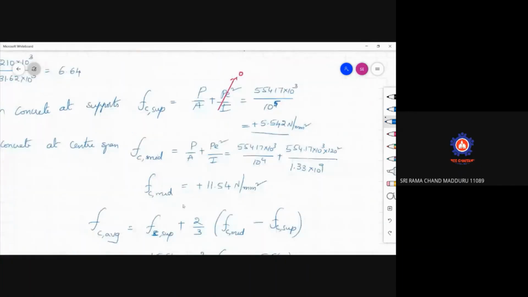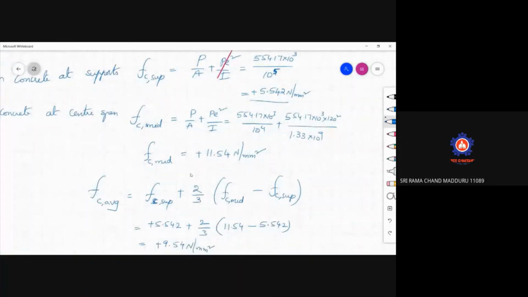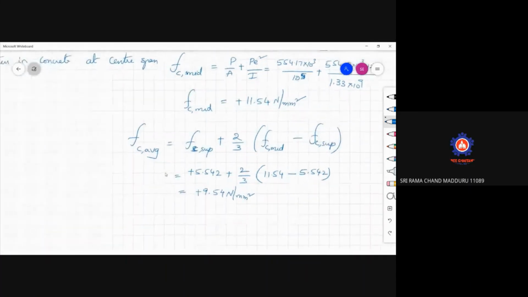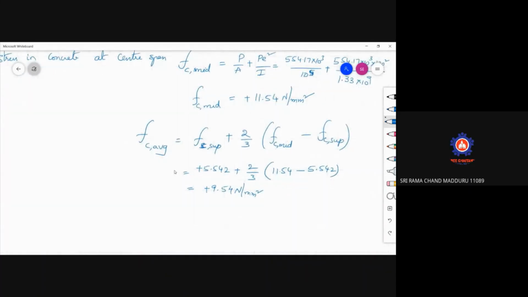Now the values are consistent, so this is also 10 power 5 only. So FC average is 9.54 Newton per mm square. Is it right now? Yes, sir, right. So FC average is calculated.